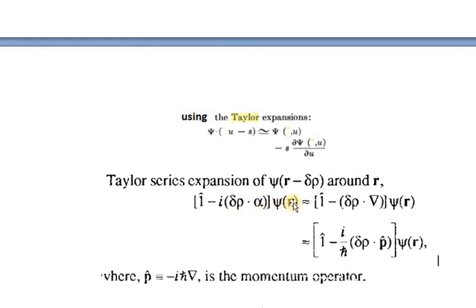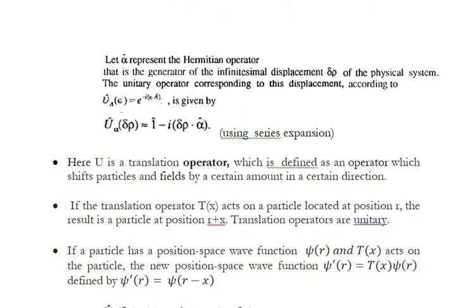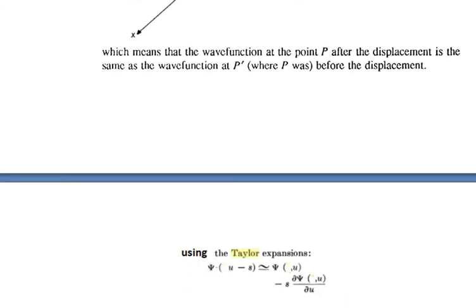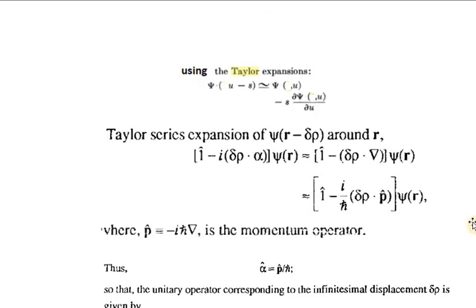Then U psi of r, then psi of r minus delta rho. When we expand it, in terms of dou by dou u we can write del, so we can write 1 minus delta rho dot del psi of r. We can simplify this.